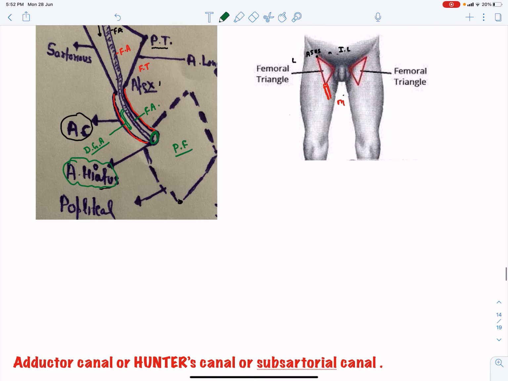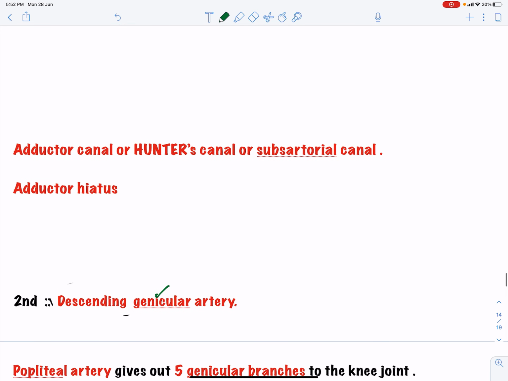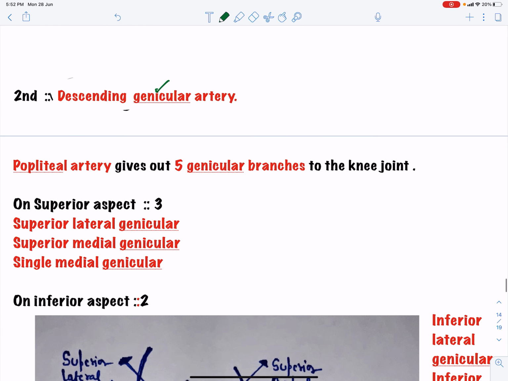The popliteal artery gives off 5 genicular branches. Now from the popliteal artery, how many branches arise? 5 genicular branches arise. So the popliteal artery gives out 5 genicular branches to the knee joint.